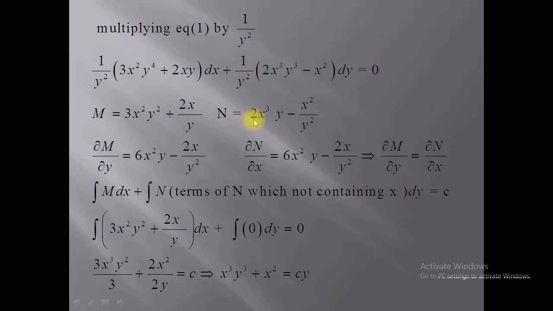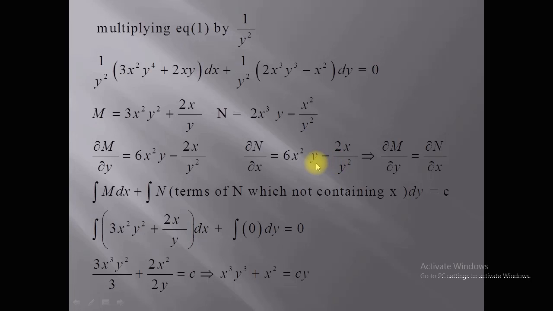Now the partial derivative of N with respect to x, 2 and y treated as a constant, using the power rule, 6x square y minus, using power rule again in this term, 2x divided by y square.